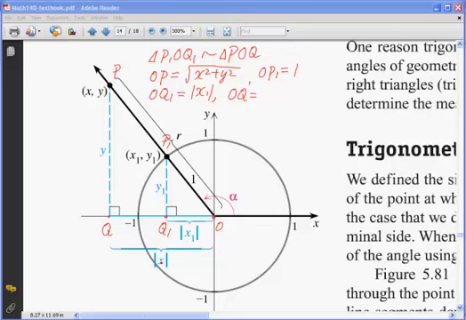The absolute value of x. Okay. Now, we know for similar triangles, the ratios of the lengths of the corresponding sides are equal, right? Then we can set up such equality.